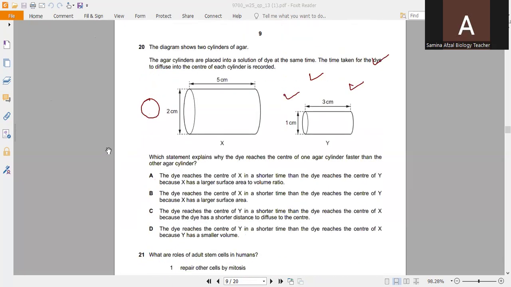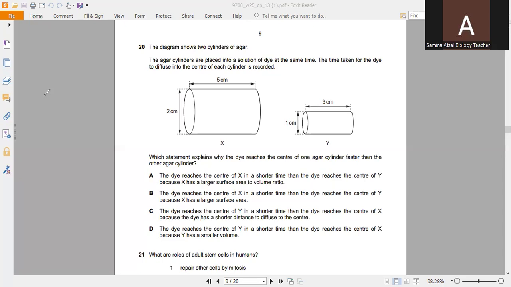Now moving towards question number 20. The diagram shows 2 cylinders of agar, and the agar cylinders are placed into a solution of dye at the same time. The time taken for the dye to diffuse into the center of each cylinder is recorded. Which statement explains why the dye reaches the center of one agar cylinder faster than the other?